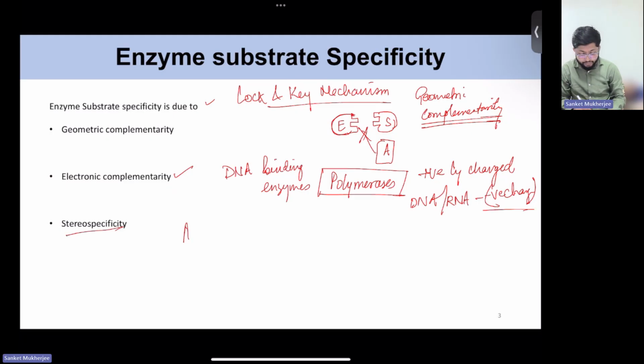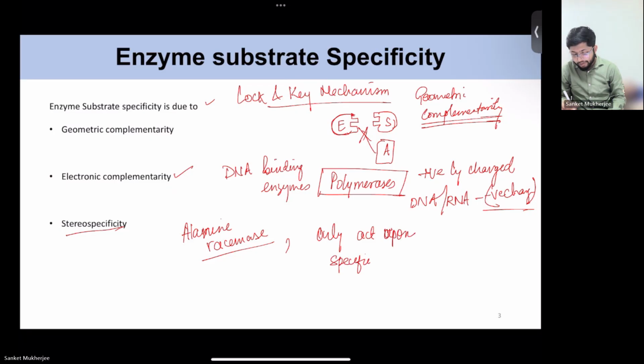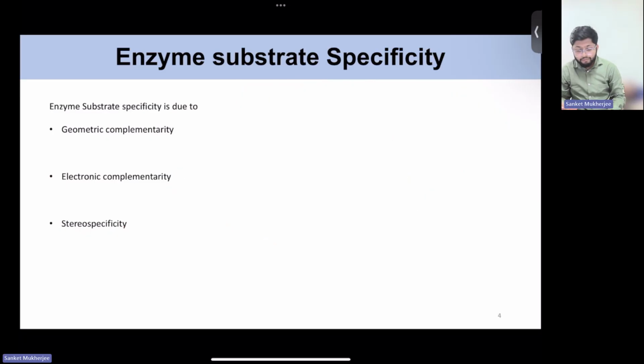For example, enzymes like alanine racemase, or other enzymes which only act upon a specific stereo conformation. Fine. So this is how it looks like.